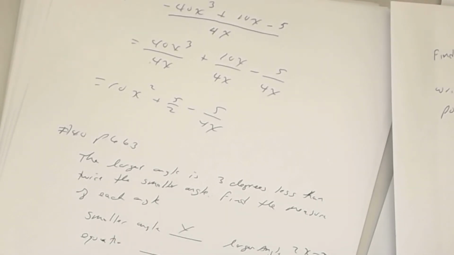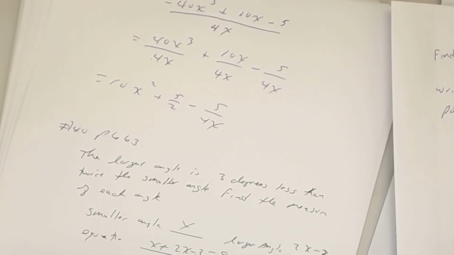You use the fact that the two angles added up gives you what? 90. So you just say x plus 2x minus 3 has to equal 90, complementary. Now, if it was supplementary, you'd say 180. Let's solve this. Then what? Add 3. So 3x equals 93. So x equals 31.